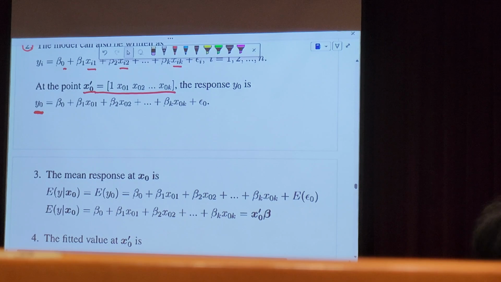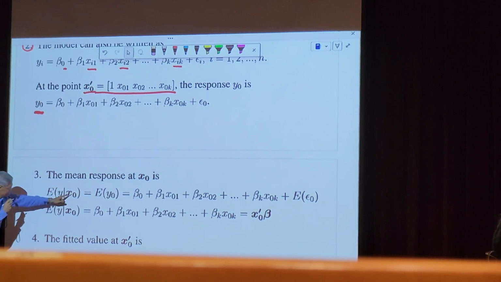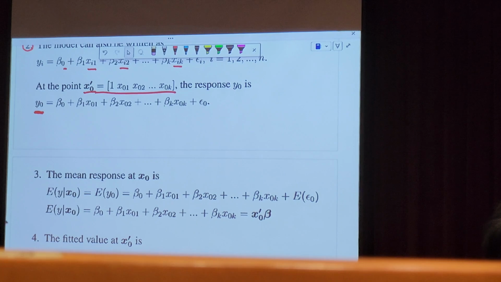Now what I want to do is estimate the mean of the response at this particular set of values of the regressor variables. The mean can be found easily by taking expectation of this.